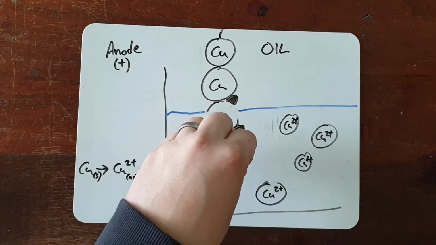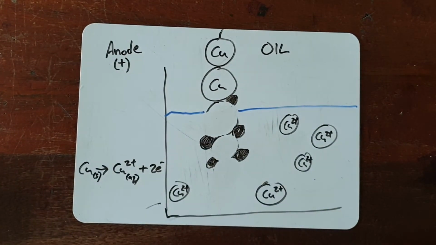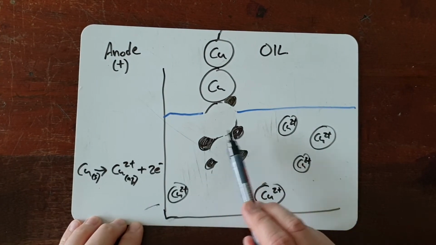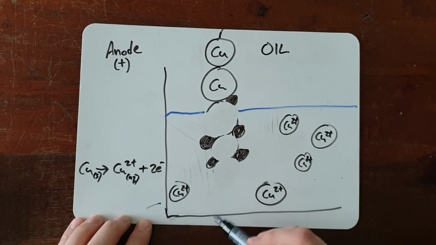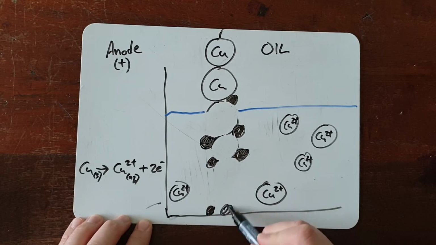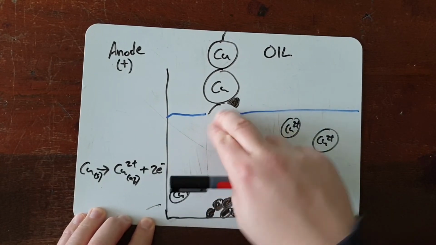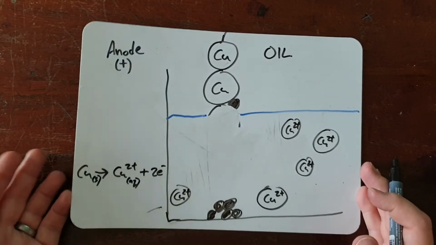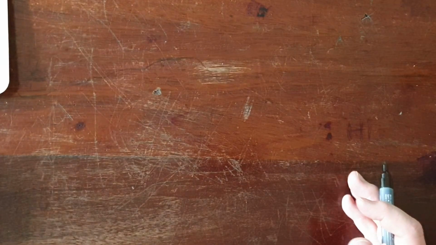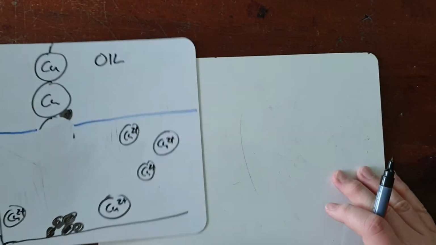They've been oxidized, they've turned to ions, so they're now dissolving into the solution. These little impurities, they sink to the bottom. There's nothing holding them into the anode anymore, so they sink to the bottom.